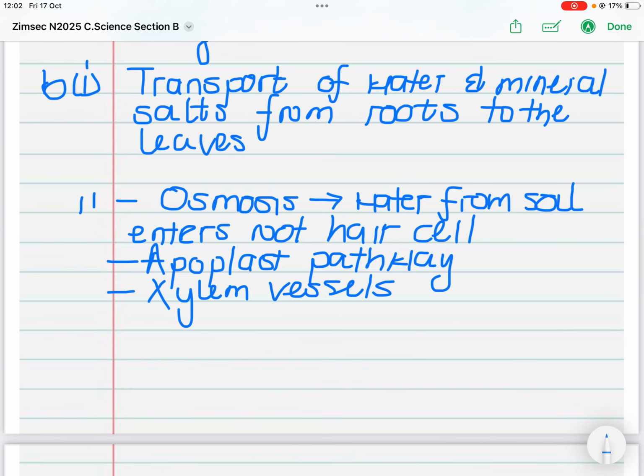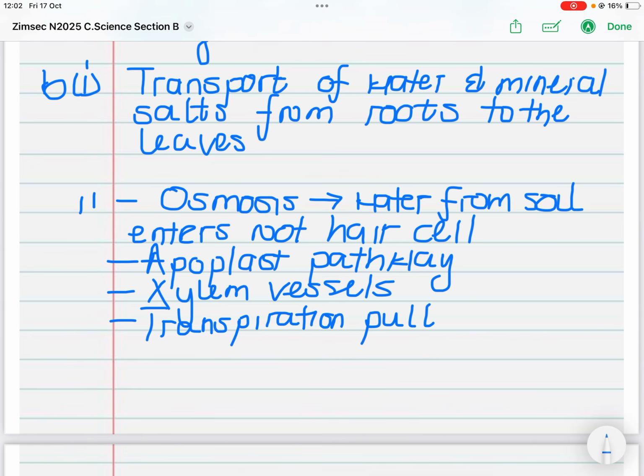So you explain that water reaches the xylem vessels where it is transported upward to the stem and leaves by the transpiration pull. You're supposed to explain about them. Transpiration pull is the one that causes the water to move upwards.